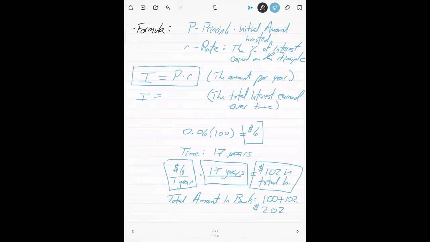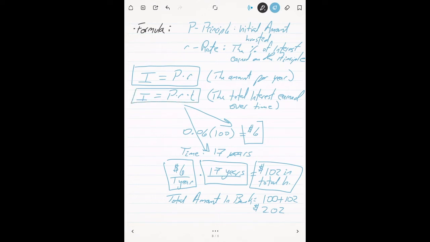So in this case, we're saying, okay, you've left your money in the bank for several years and you want to figure out how much you have now. So we figure out our interest like normal. We multiply the percentage and how much we initially invested, the principal, to get how much we earn every year. Then we're going to times that by however many years it's been.